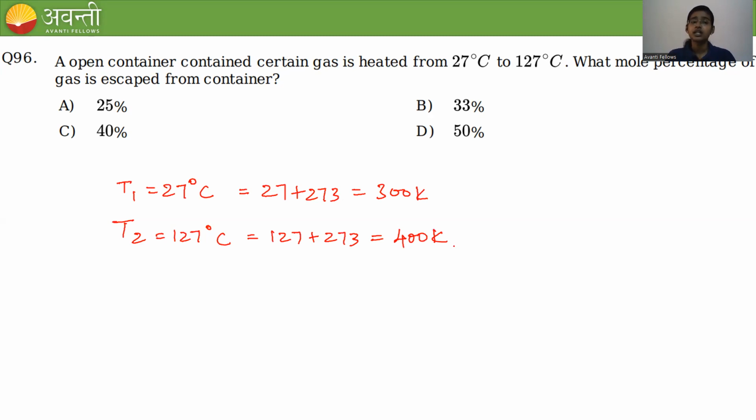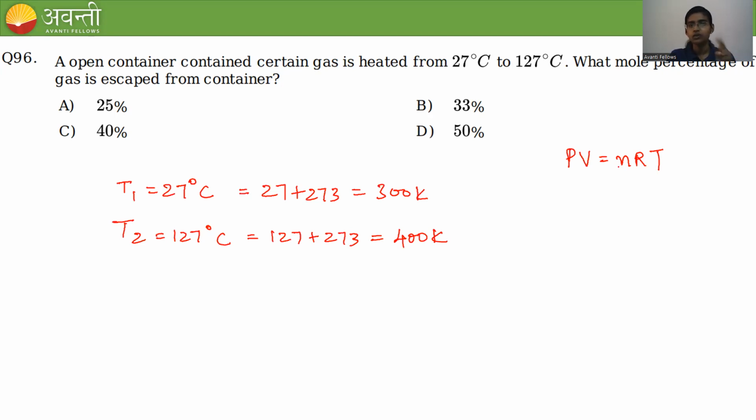So since it is an open container, the pressure and the volume are the same. In case of an open container, the pressure and volume remain the same, right? So from the ideal gas equation, which is PV equals nRT, since both the pressure and volume are the same, and R is also a gas constant here.